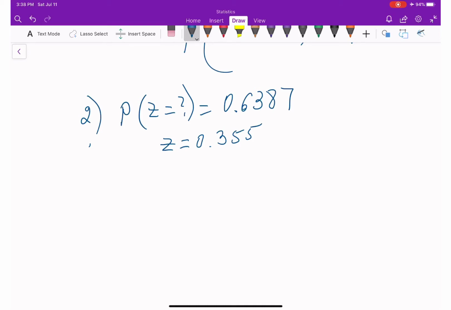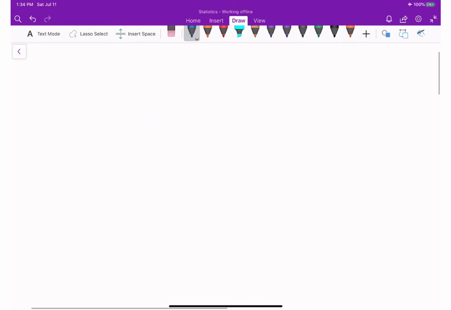Let me see what else we can do. I'm going to solve problems related to normal distribution and the z-score table. Okay, assume that random variable x is normally distributed with the mean equal to 81.